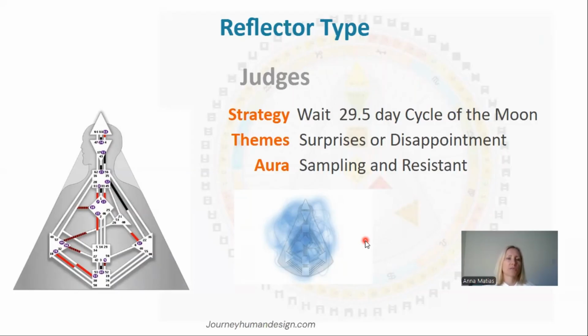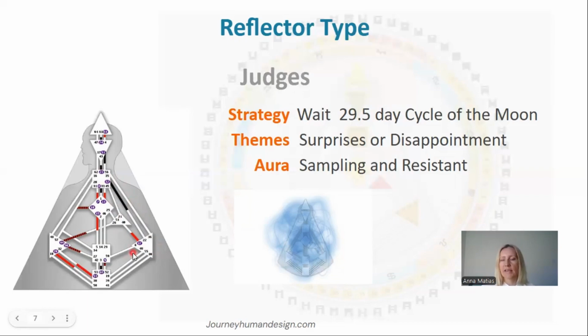And what happens during that time, the moon activates different gates in their design, also lights up their own activations. And then they can experience different aspects of their design and different energies.